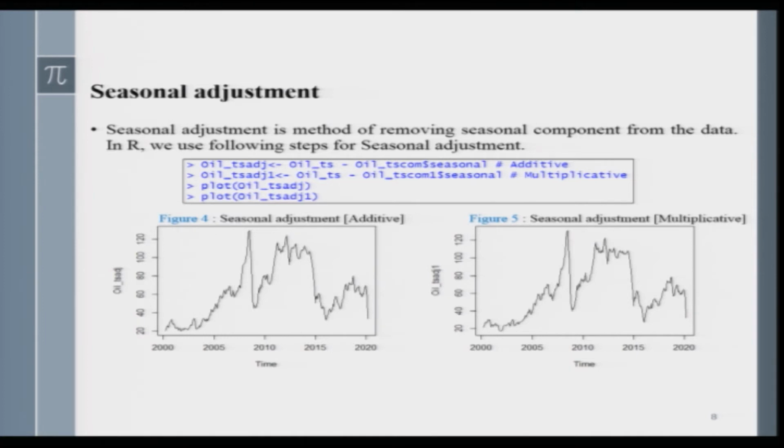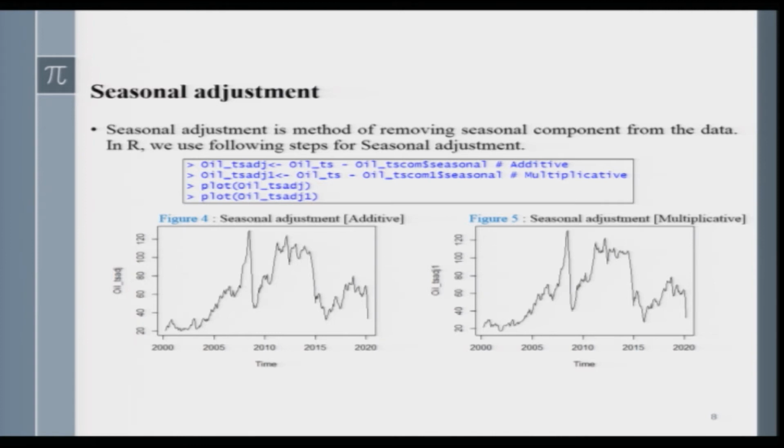These are all new numbers, and let me name that oil_TSADJ. For that I have to deduct the seasonal component that I have derived in the previous slide from the original time series values, right.